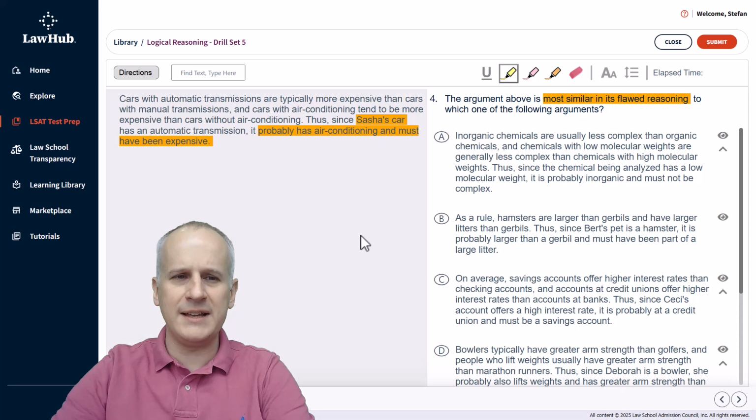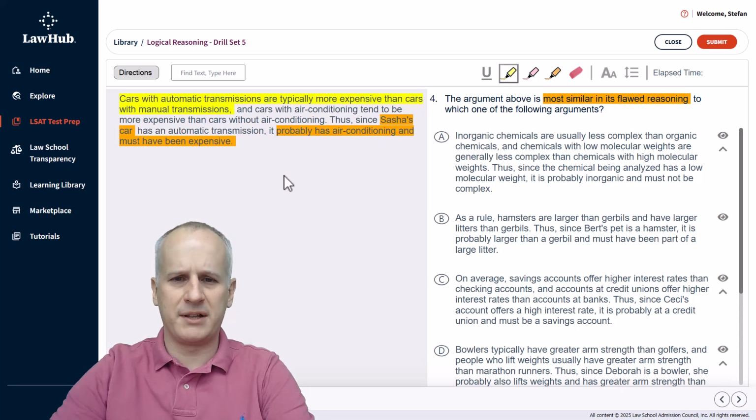So let's just highlight the statements of fact that are ultimately our conditions in different colors so that we can track them, hopefully, through the process of elimination. So we start with this idea that cars with automatic transmissions are typically more expensive than cars with manual transmissions.